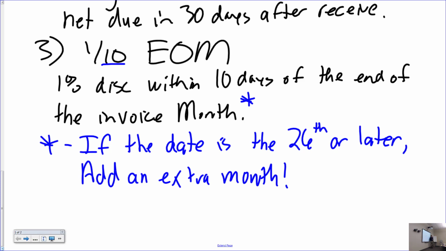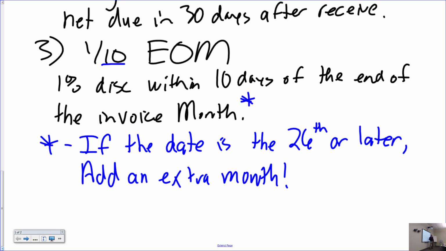And that was happening to them enough times that they basically came up with this rule that said, hey, if you ship after the 25th, towards the end of the month, we don't just get to the 10th of the next month, but tack a full another month on. So if they ship the goods on January 28th, and they were 1/10, so on the 10th of the month, instead of being due on February 10th, March 10th. A full month later.